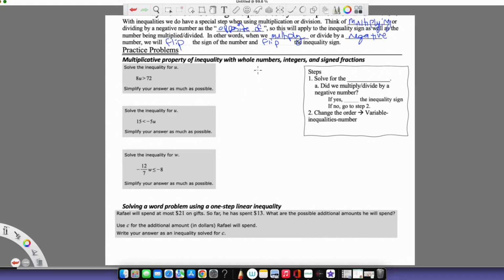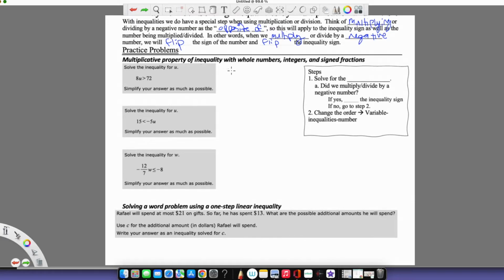So if we had x is greater than 2 and we multiplied by a negative number, we would have x is greater or less than whatever we multiplied by. Say we were multiplying by negative 3, then we'd have negative 6, okay? We have to multiply both sides. That's not the greatest example, actually. So we will see one in just a moment because we're going to flip the sign on the second one.